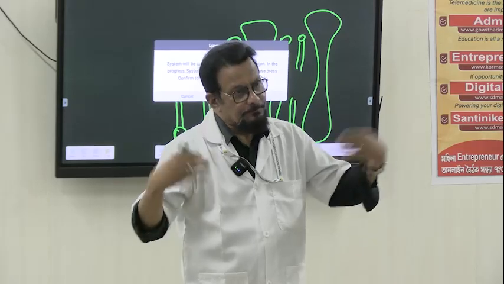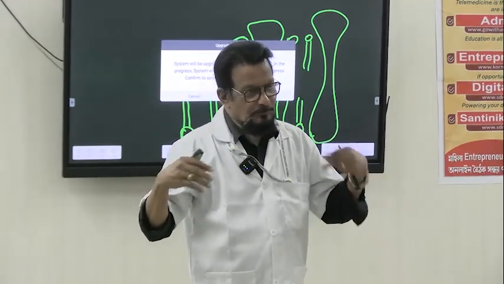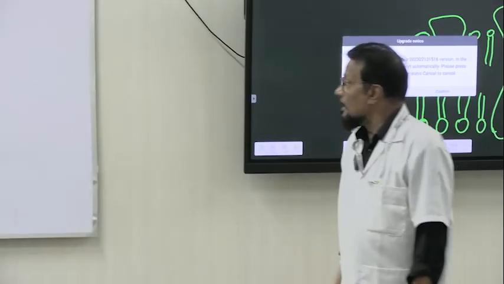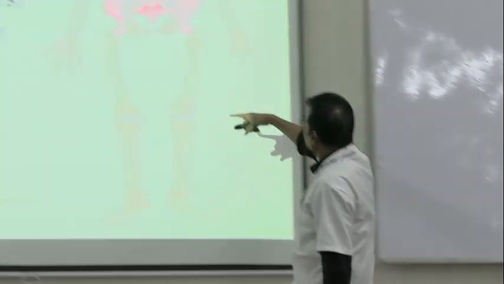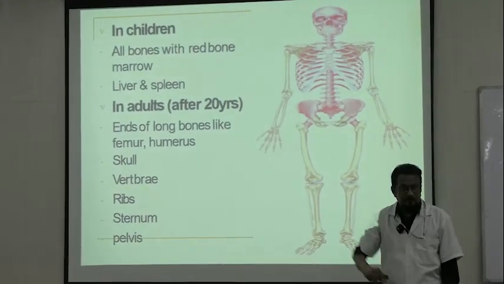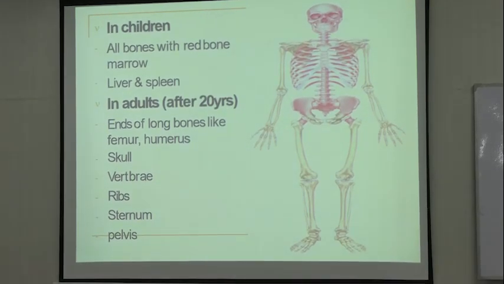It is not replaced by yellow marrow, so they will continue erythropoiesis. They say in the adult skeleton there is no red bone marrow in long bones. These are the sites where erythropoiesis takes place.